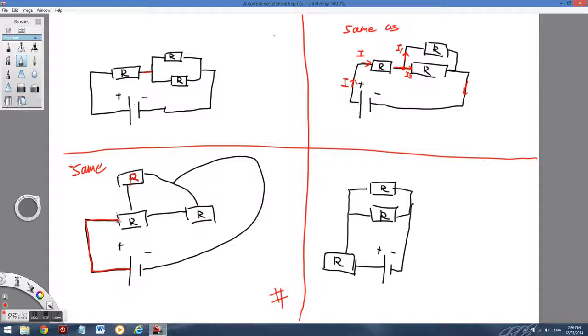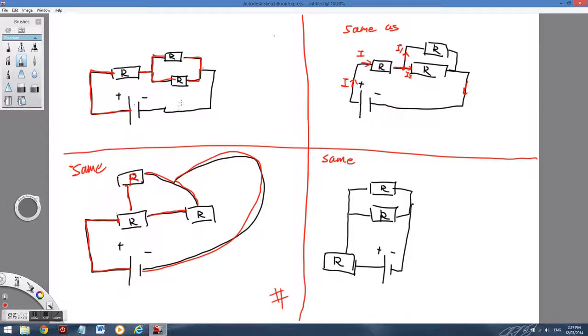It goes across one resistance, then it splits up to the other two resistances. Then the current meets together, and together they go to the negative terminal. This one is also the same.